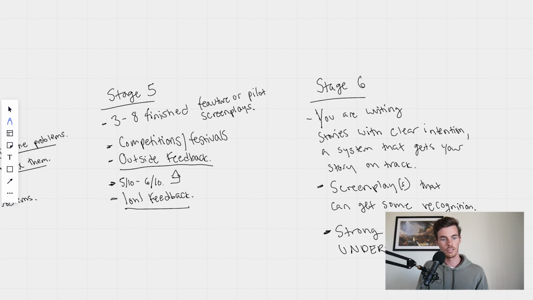So essentially what happens is, how can you go from not knowing what the problem is and not knowing how to fix it, to easily identifying what's not working and knowing how to fix it within the context of what you're trying to do, right? What is the goal of this story? How do I fix this particular problem within the context of the story I am trying to tell and the purpose of that story, right? That's where you want to be.